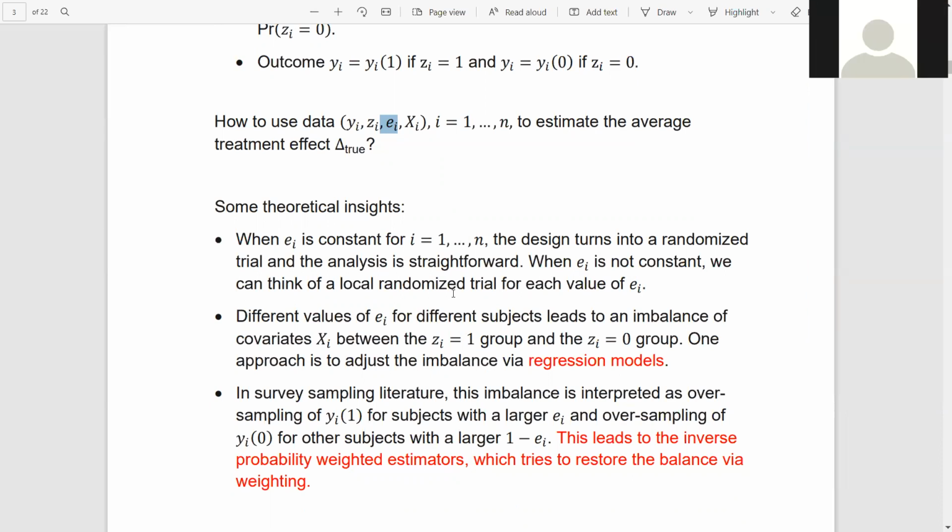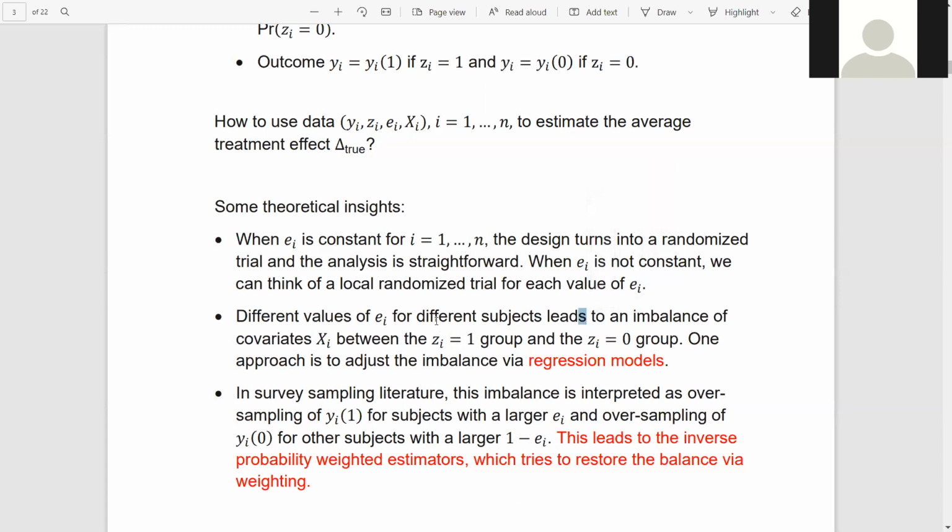Then we can think of it as many, many local randomized trials. Each unique value of ei defines a subpopulation, and within that subpopulation you have a local randomized trial. I think this is a good way to look at things.